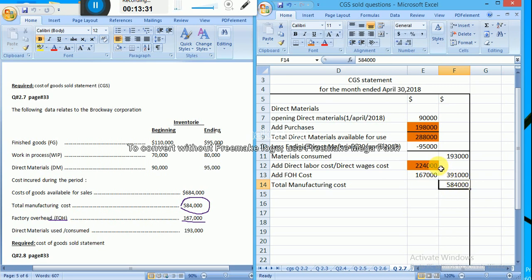So in this way we again find the missing direct labor cost. Okay. What does total manufacturing cost mean? It means that the $5,84,000 is the work in process we put in the month of April.